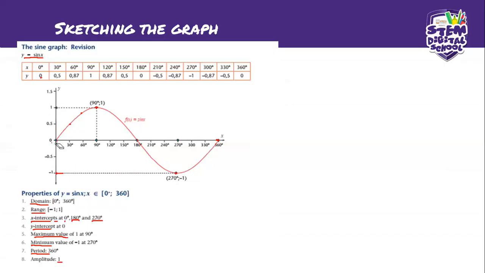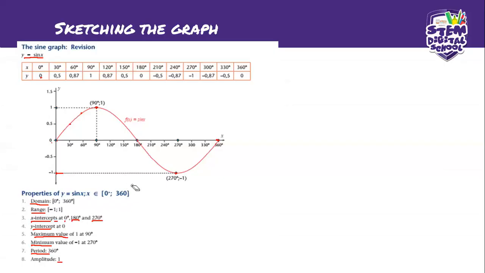So you just have to check where your maximum or your minimum is. Then you take from the center up to the maximum, and it will help you determine the amplitude. So that is a sine graph.